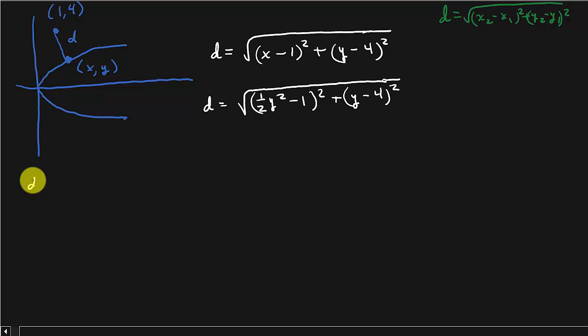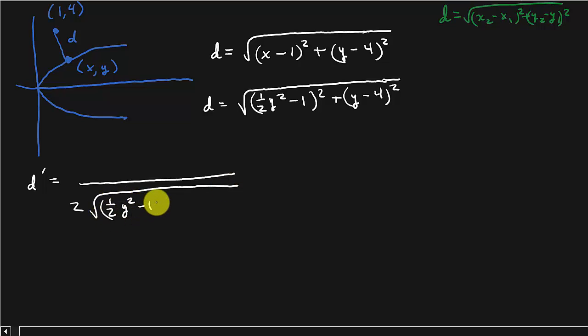So what you can do, and I'm going to do it right here, is d prime is equal to, look at this, the derivative of a square root, there's a shortcut. It's just over 2 times the square root of 1/2 y squared minus 1 squared plus y minus 4 squared.